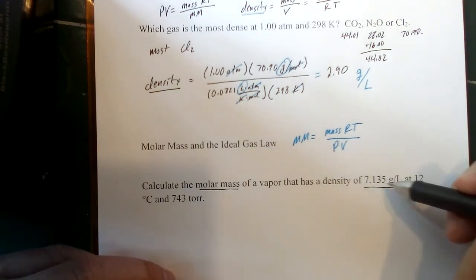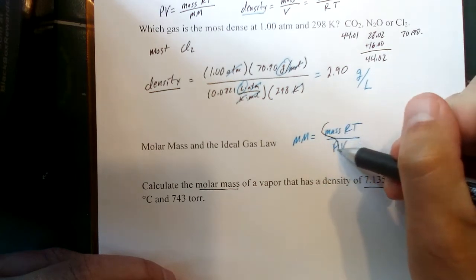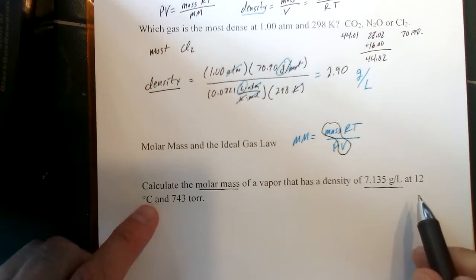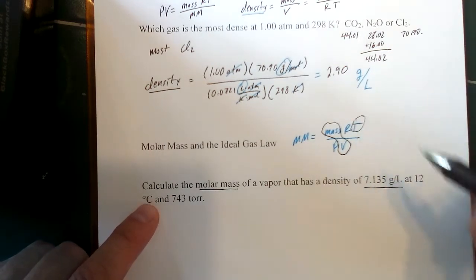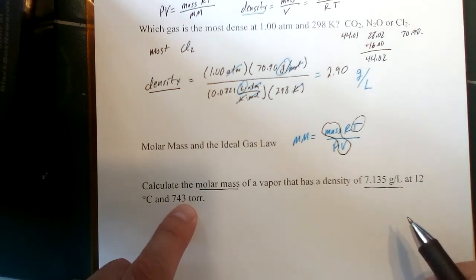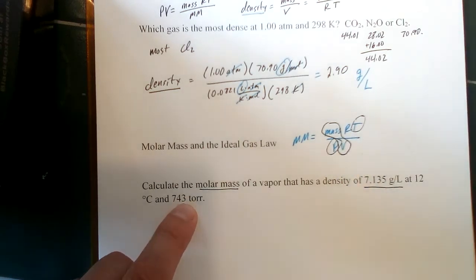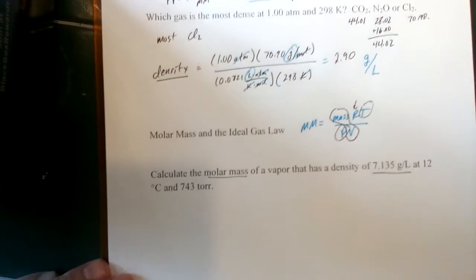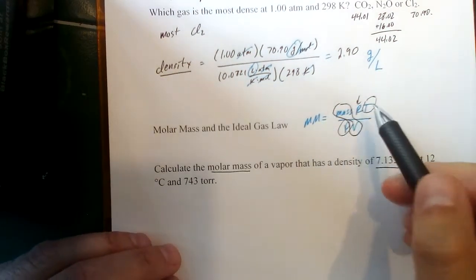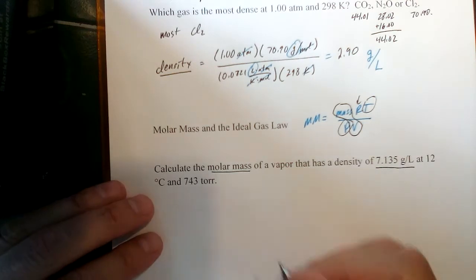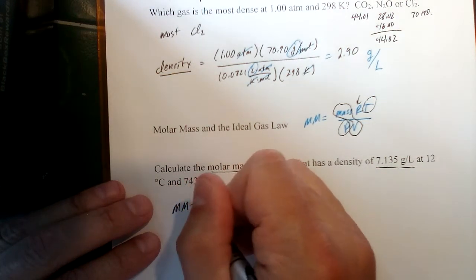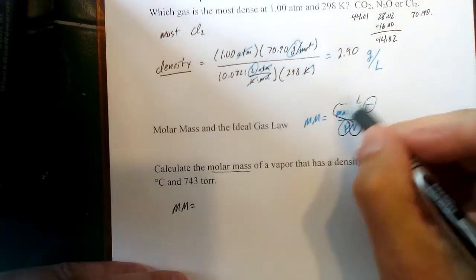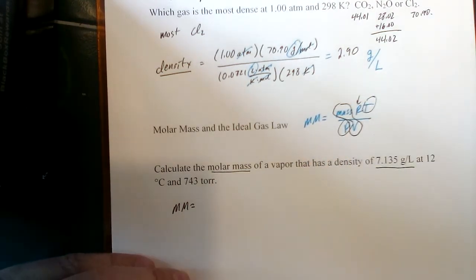Density is mass and volume, so it's two pieces together of what we're looking for in that equation. 12 degrees C, we turn that to Kelvin, that will give us our temperature. 743 torr, that's our pressure, but we do want to change that to atmospheres because the only other piece we would need there is R. So again, if we've got this equation, we can set up and work through this problem. So let's just plug it in, and then I'll show you another way we can think about this equation if maybe you're not such a fan of rearranging your formulas.